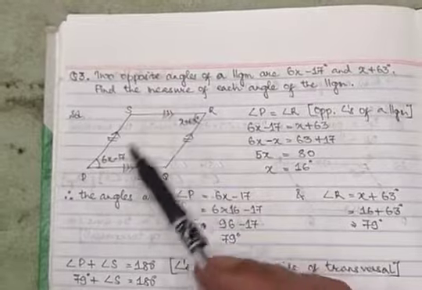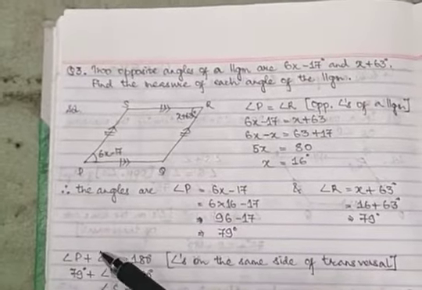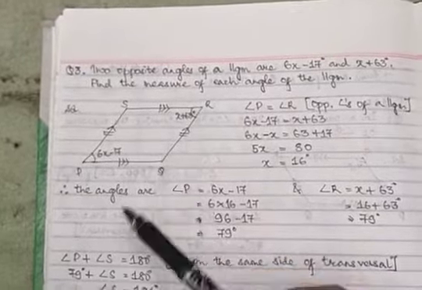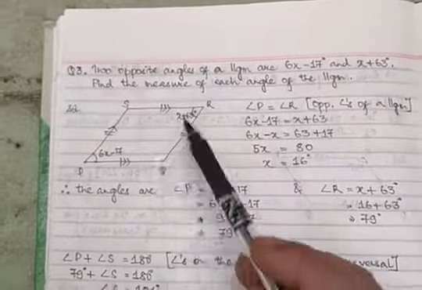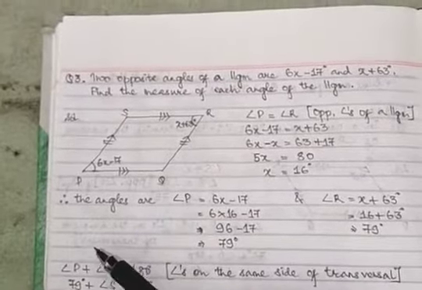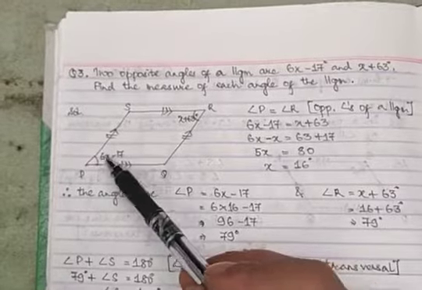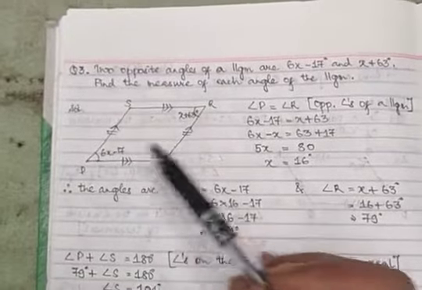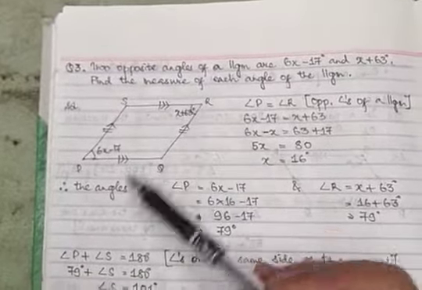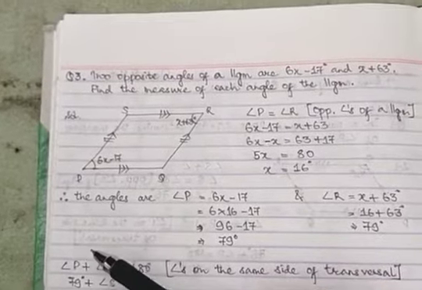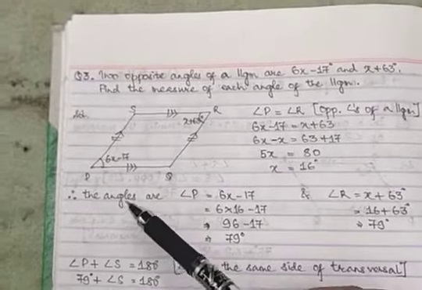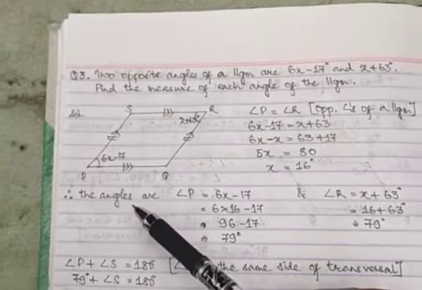What you can do is go with the angle sum property of a quadrilateral as well. But it will be a bit lengthy, because you need to add all four and equate to 360 degree. So instead, you know that if you add P and S, or Q and R, you'll get 180 degree, angles on the same side of the transversal, or co-interior angles. Those were the reasons.